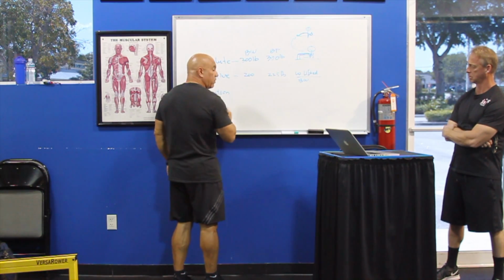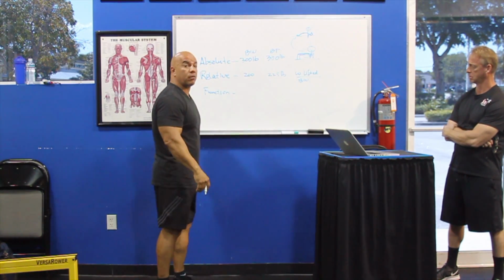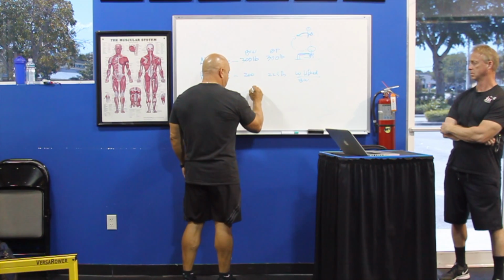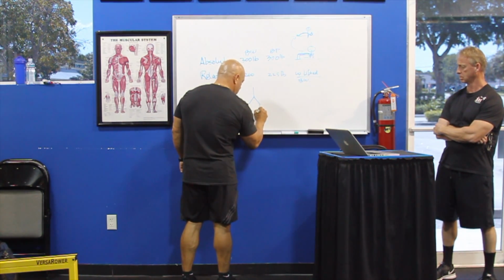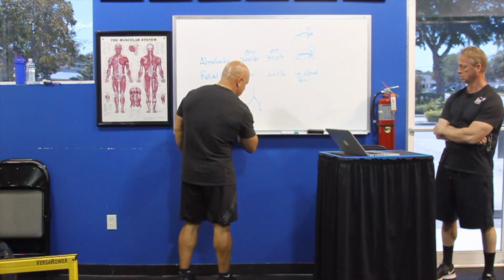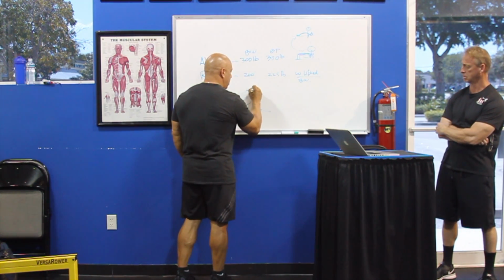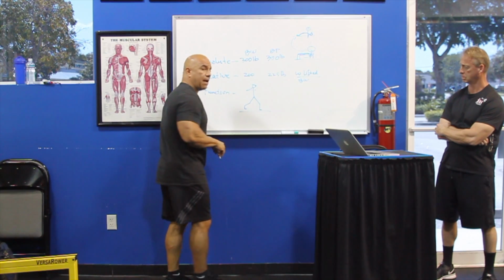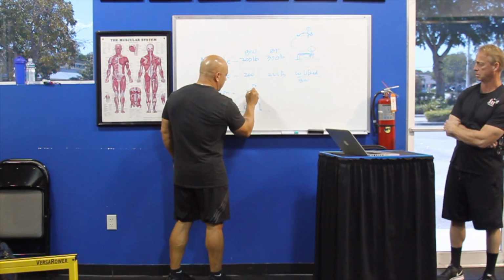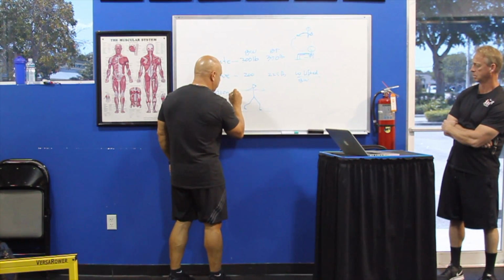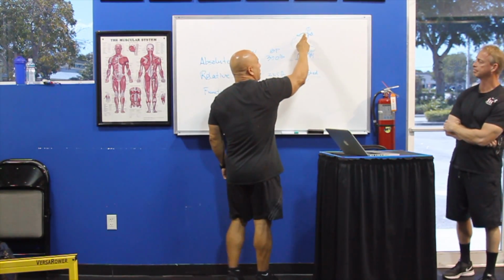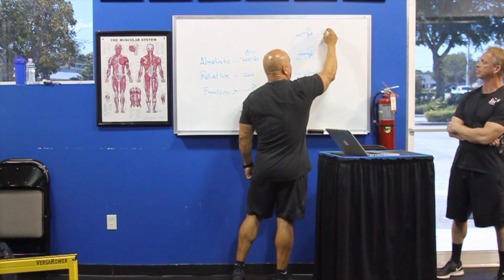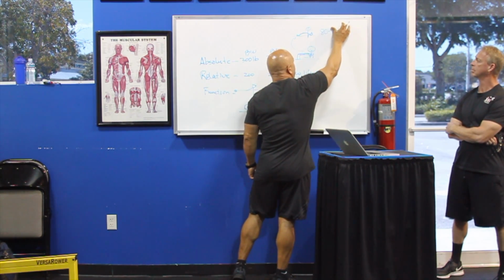Now, functional. What's functional? Being able to push your opponent from the standing position. What's the standing position? We studied that position here. Of course, we're pushing in that direction from this angle. We notice from here that the chest works about 80 to 85% of its 1RM.